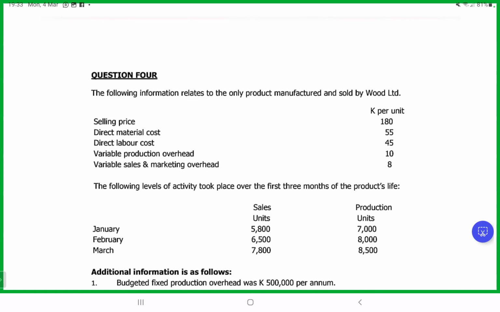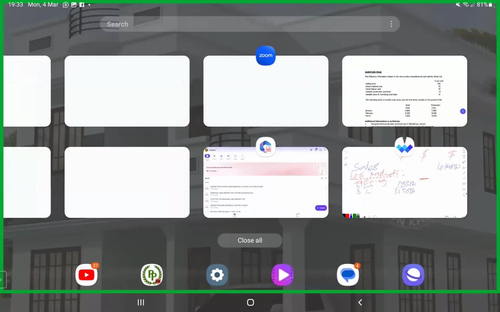The cost is 10 kwacha per unit multiplied by the level of production, which is 7,000. That gives us 70,000.